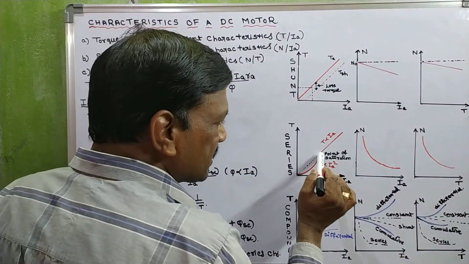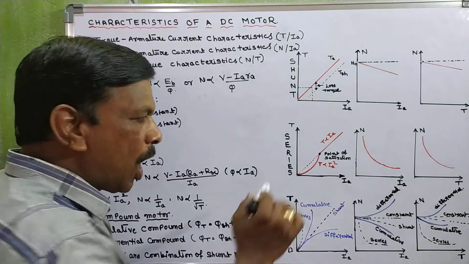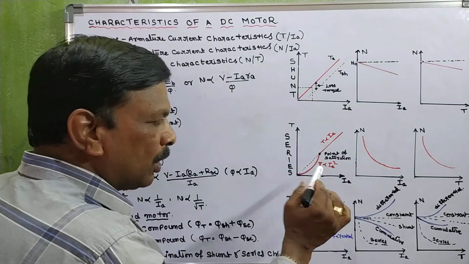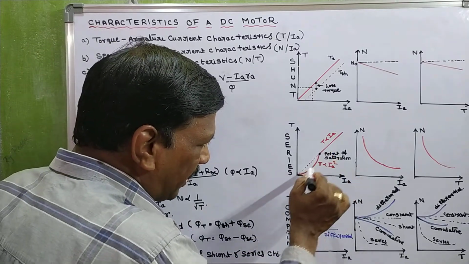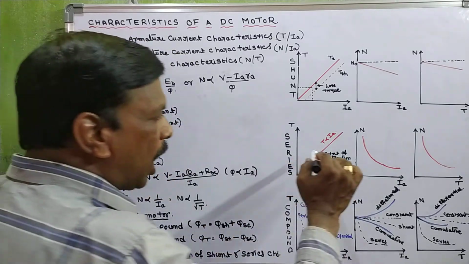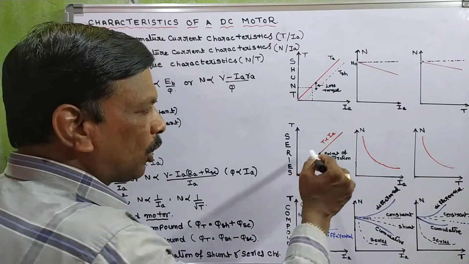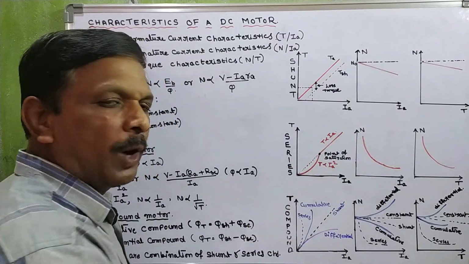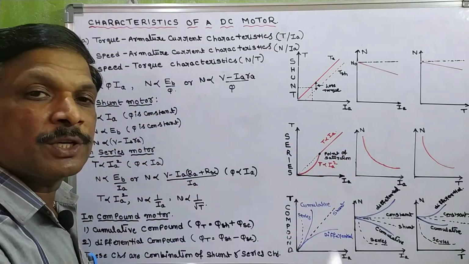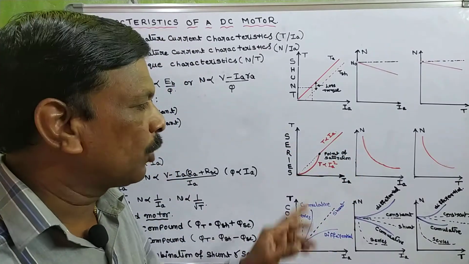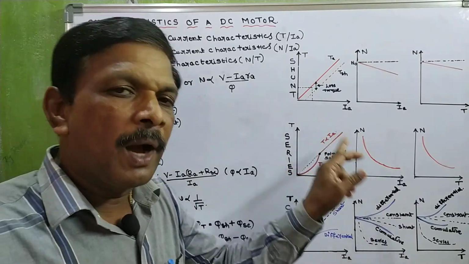Here, this is the point of saturation. Up to the point of saturation, torque is proportional to Ia square. That's why the curve bends like this. After saturation, flux is constant, so torque is proportional to Ia.